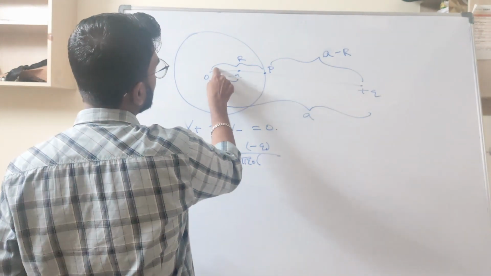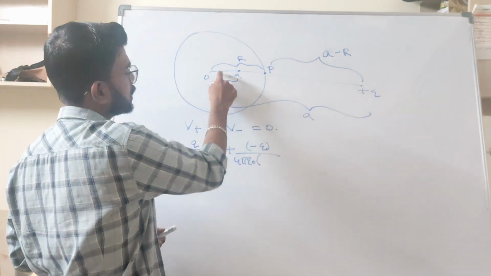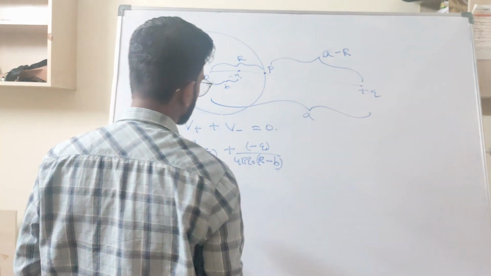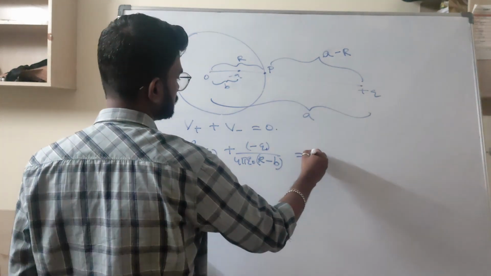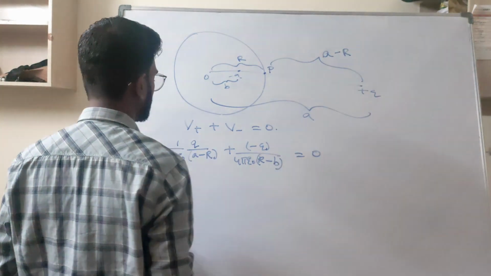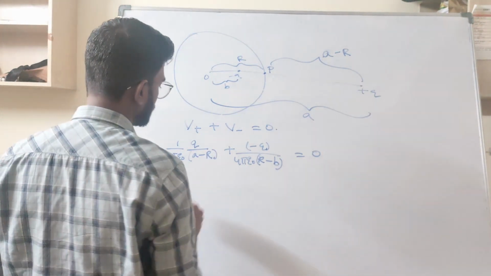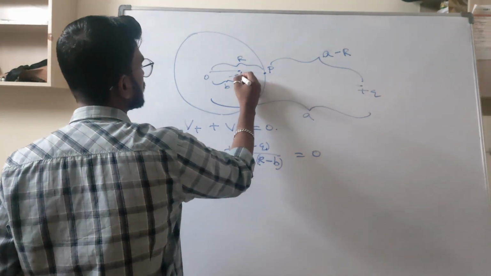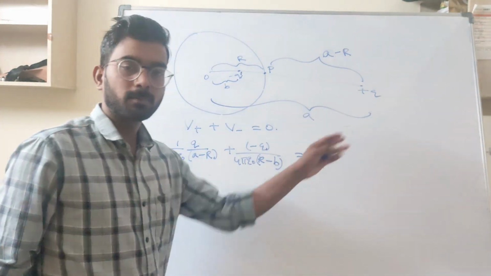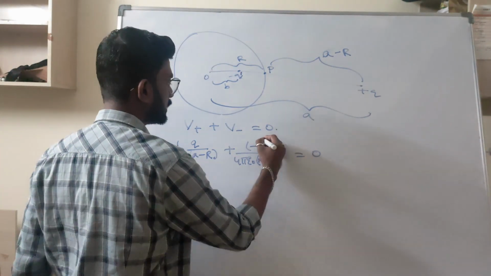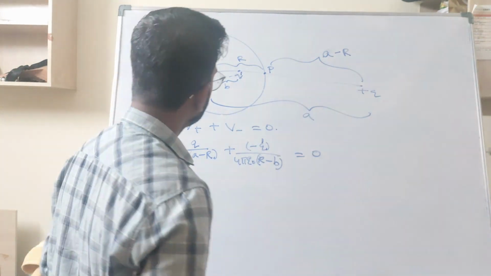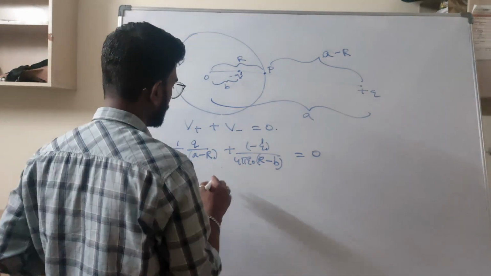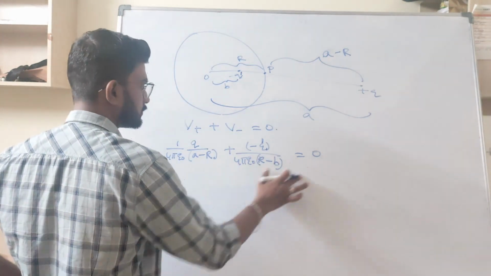How to find this distance? R minus b. Complete radius minus b, is equal to 0. Correct. So this is q dash. For example, these are two charges now, plus q, minus q. So q dash. You have to find this q dash or q also. Now what you have to do is transfer this to the right hand side.